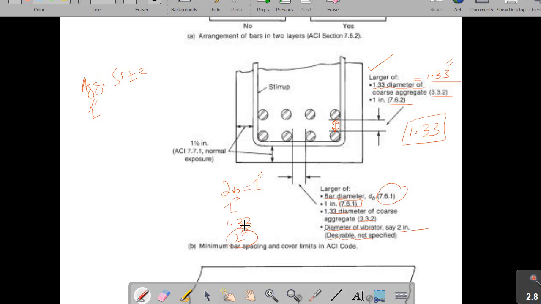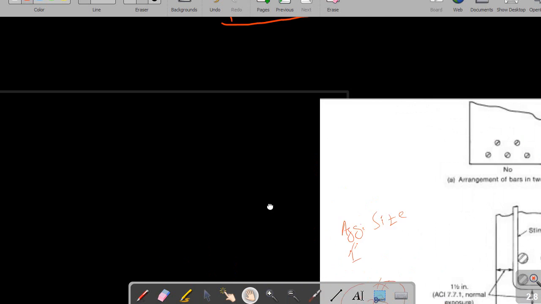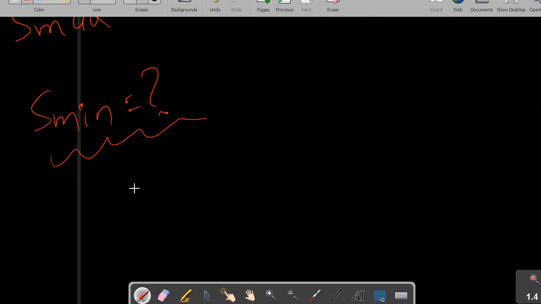So we will ignore this and choose this one. So the final one will be 1.33 inches. This is my S minimum. So the final value of S minimum is 1.33 inches.